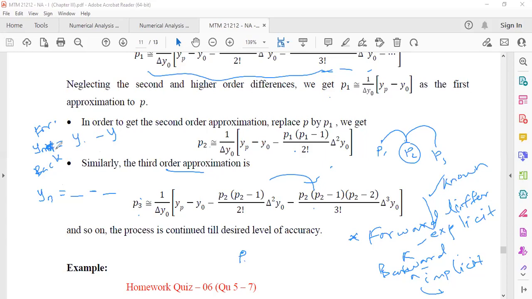Let's say yn. If it is yn, we have to go to the yn minus 1, isn't it? Is that correct? Sorry, this should be yn plus 1 minus yn.